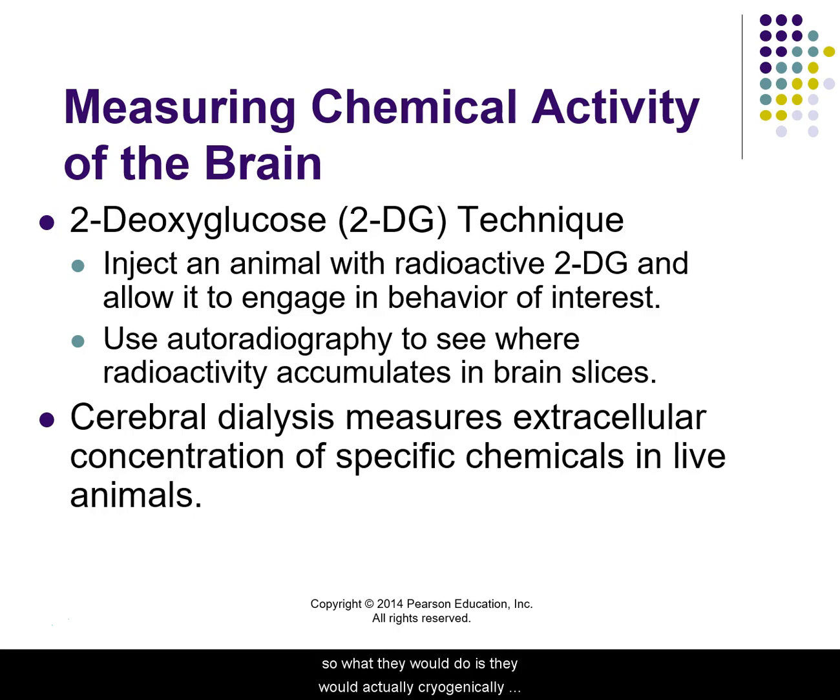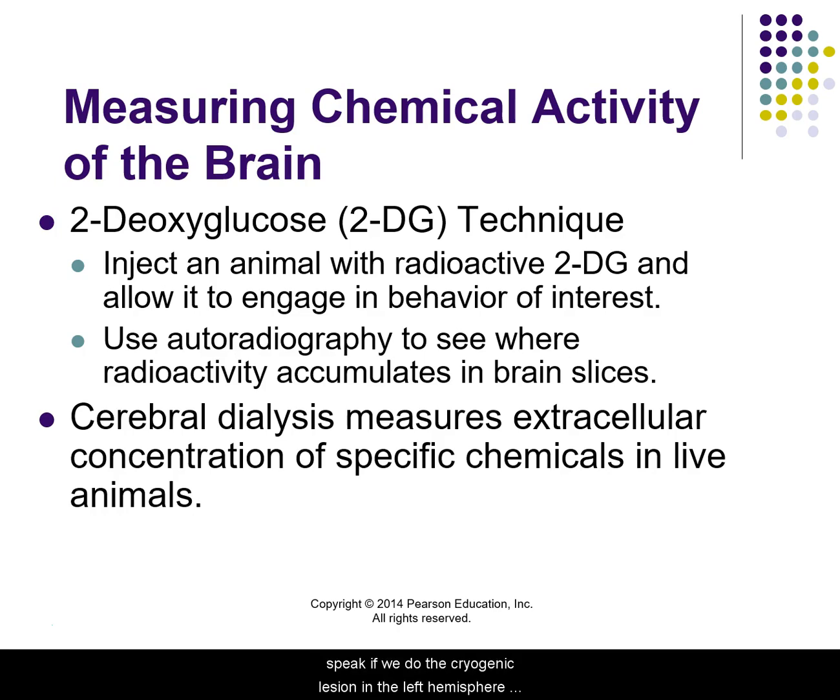So they would cryogenically, or through chemicals also, lesion that area. If the individual loses their ability to speak or interpret language, then we know that if we remove this tumor, we could be removing their ability to interpret language or speak.